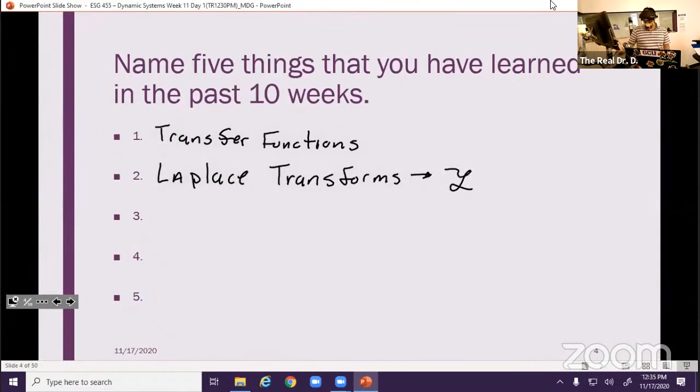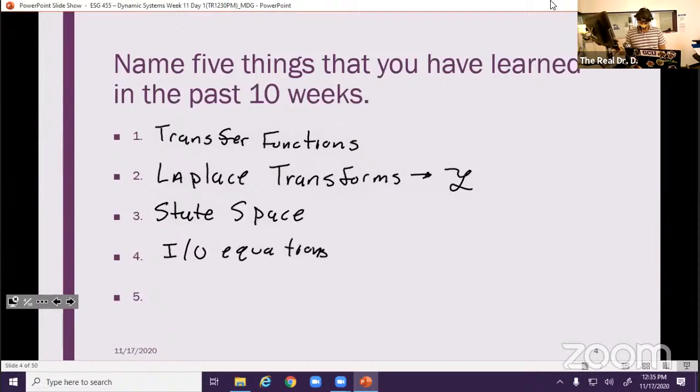We got chat. Heard state space. I saw IO equations in chat. I combined both of those. So state space. Equations. Time displacements. Dr. D's fabulous 5 steps solving problems.